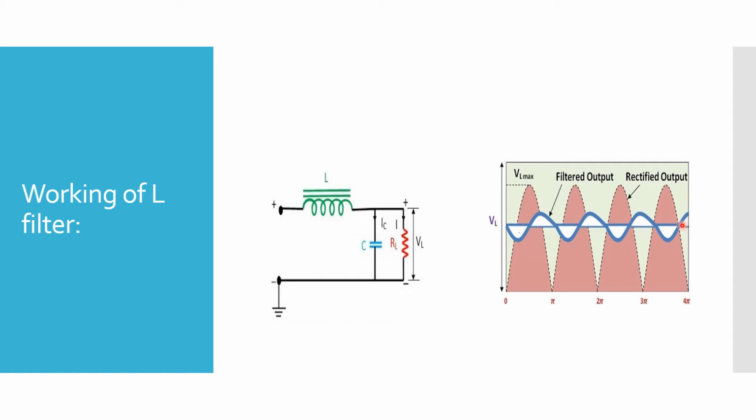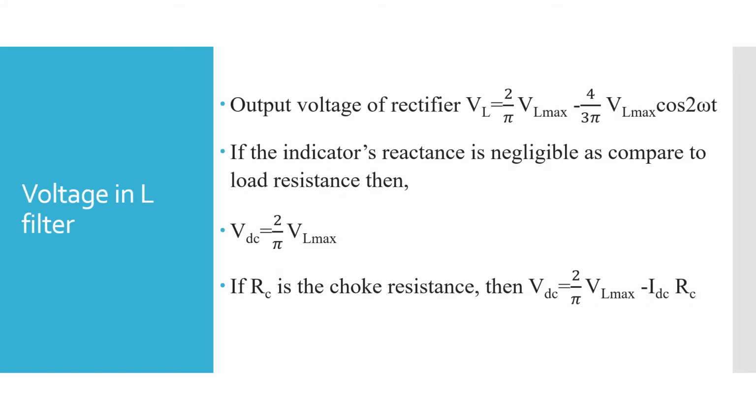So this is all about the L-section filter, and let us see how the output voltage can be measured. Here we can see the output voltage of the rectifier is 2/π VL max minus 4/3π VL max cos 2ωt.